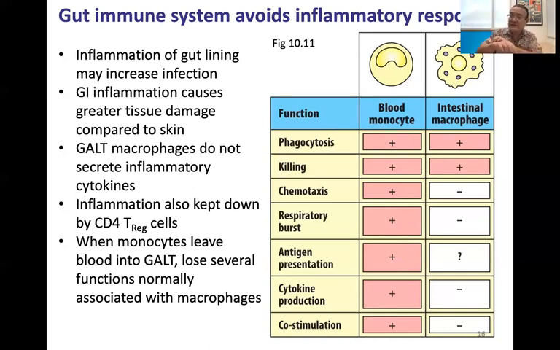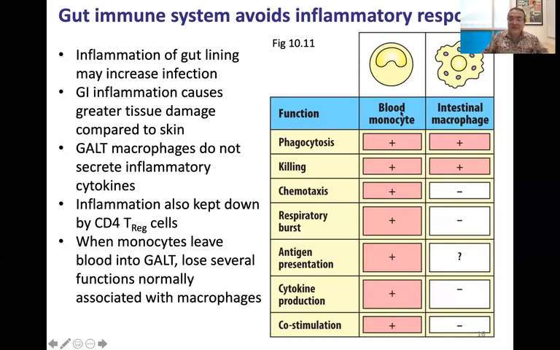Remember, macrophages are one of the first cells in our innate immune system to eat something like a bacteria and send out potentially inflammatory cytokines like interleukins. The macrophages surrounding our gut mucosa, and you better believe there are a lot of them, should be a bit different. They don't want to encourage inflammation.